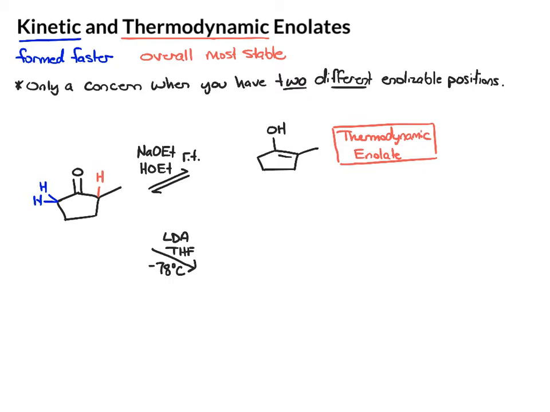Most kinetic reactions are done at low temperatures, minus 78 degrees. In this case, we end up forming the enolate on the other side. And this is the kinetic enolate.